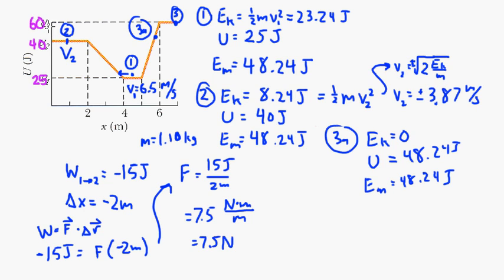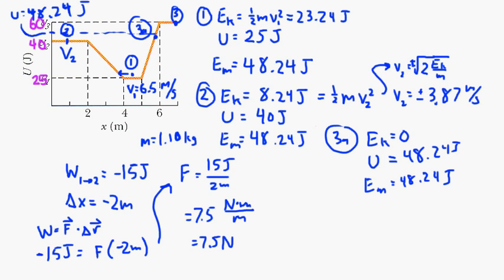On this plot, which is not to scale, unfortunately, this level here is where potential energy is 48.24 joules. Pardon the chicken scratch, but right here is where U is 48.24 joules. To find out where that is between 5 and 6, we literally just have to do a proportion.